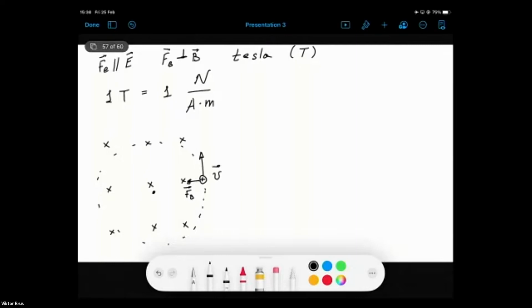So taking this into account, we can write an expression for the magnitude of magnetic force. In this case, it will be electric charge Q times speed times magnitude of magnetic field, because in this case the magnetic field vector B and velocity vector are perpendicular to each other, so sine of the angle alpha between them will be unity, so we can write it like this.